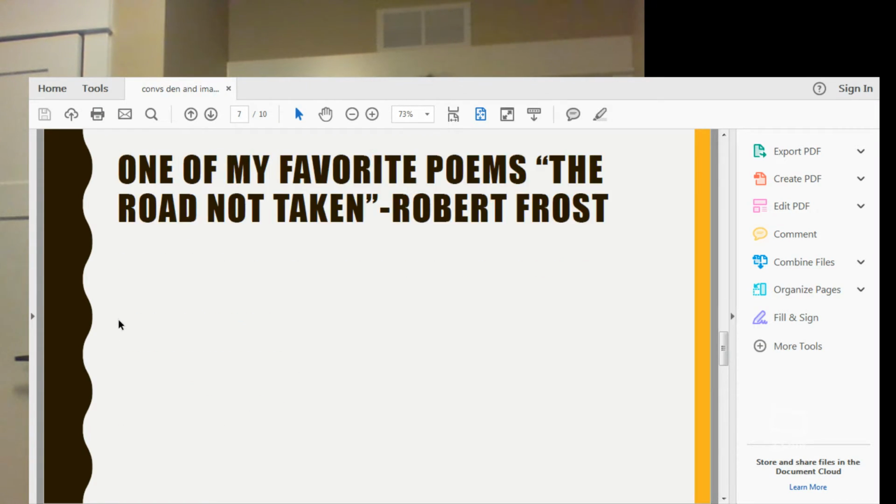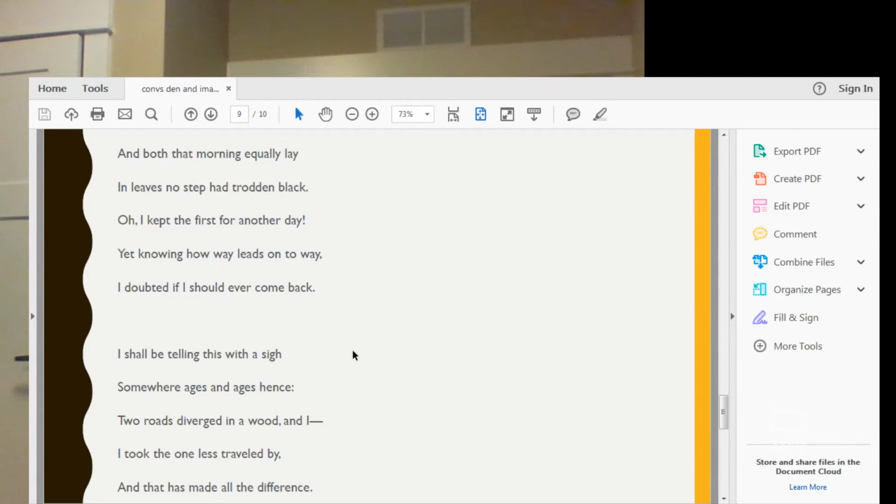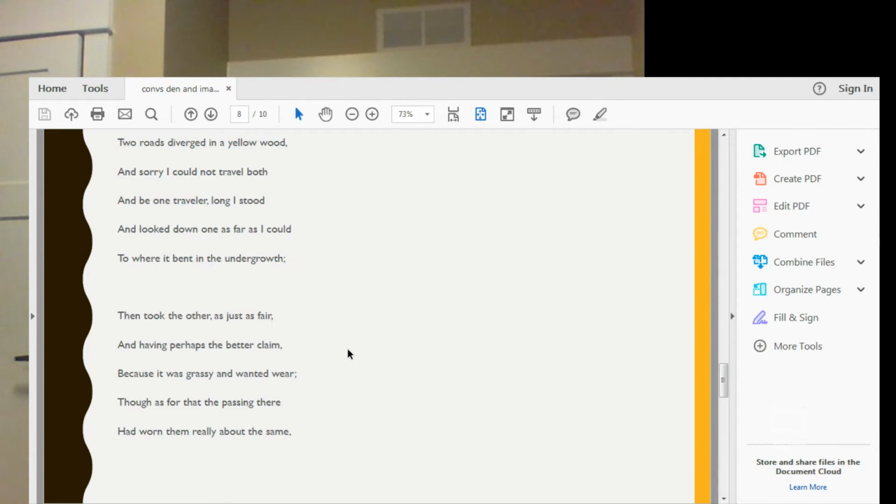So we are going to take one of my favorite poems ever by the great Robert Frost, which is The Road Not Taken. The Road Not Taken is about four stanzas long. It's not very long at all, but we're going to take it two stanzas at a time. "Two roads diverged in a yellow wood."